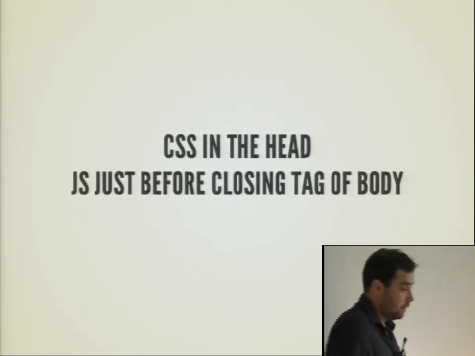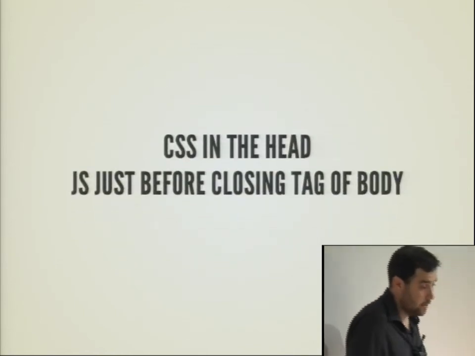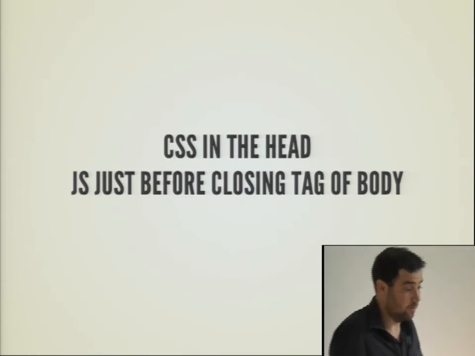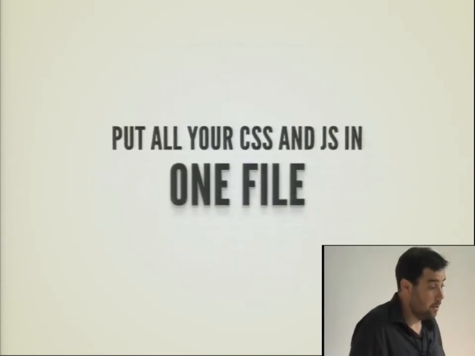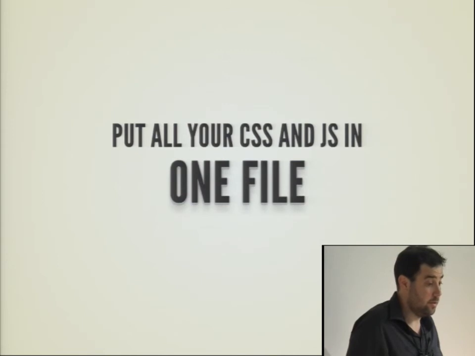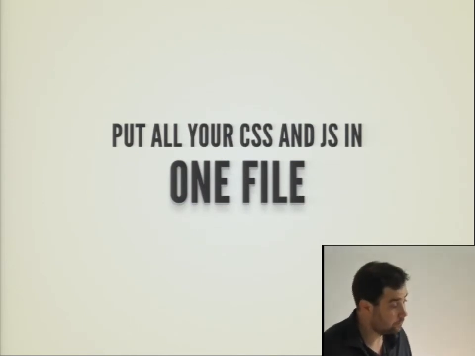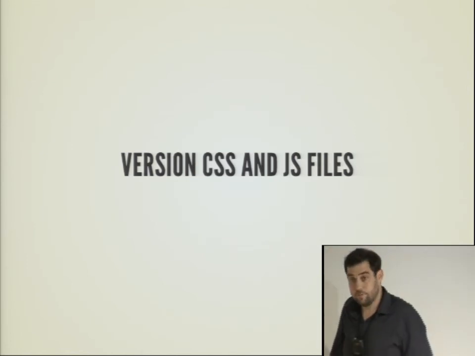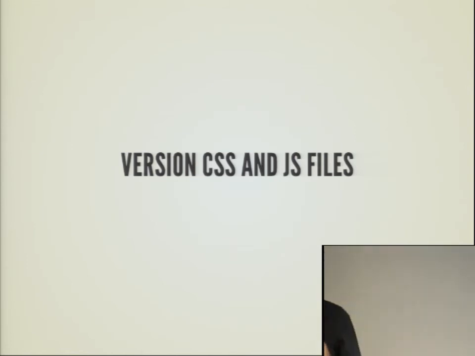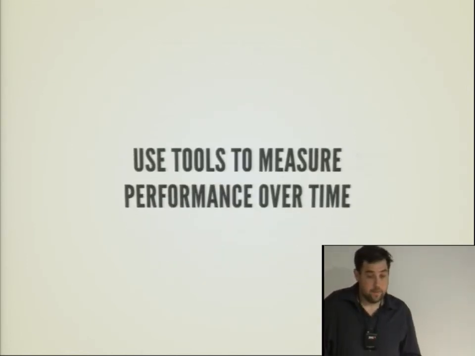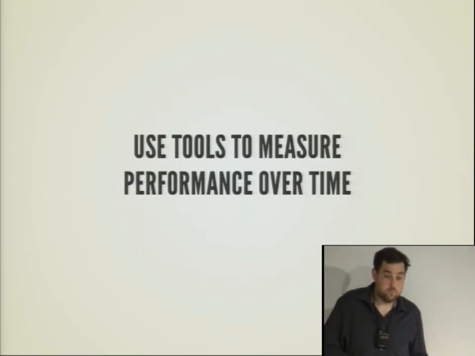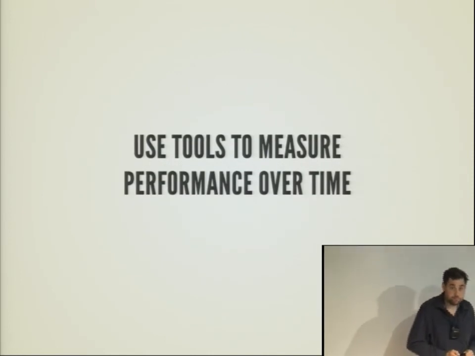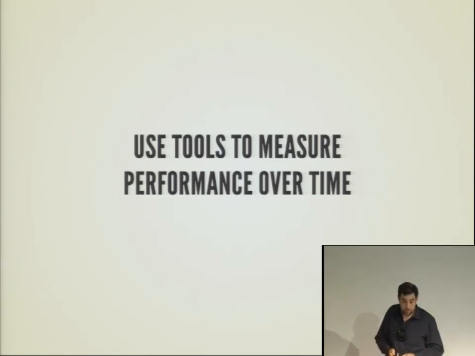Then some technical stuff: put the CSS in the head and the JavaScript just before the closing body tag. Put all your CSS and JavaScript in one file, and version your CSS and JavaScript files. Of course, let the browser cache them. And then use tools to measure performance over time, so you can do a kind of regression testing, which really helps a lot.